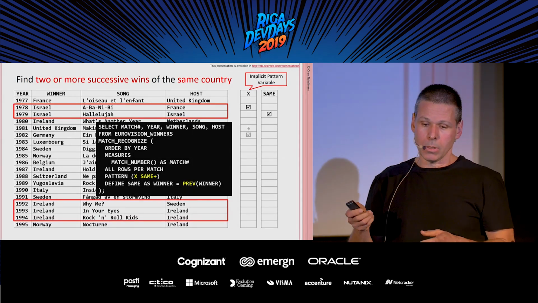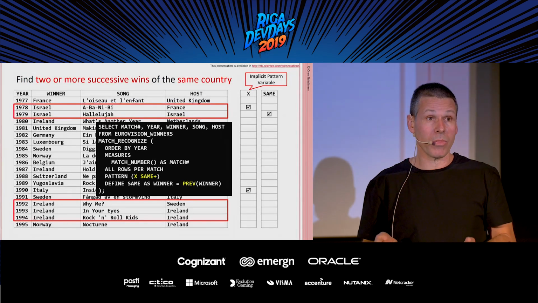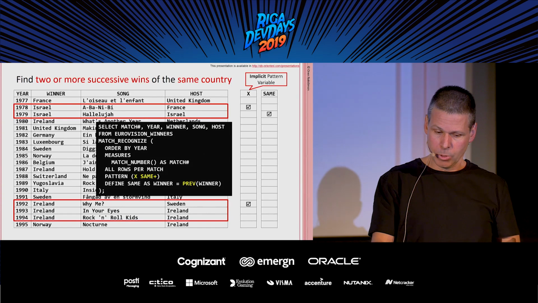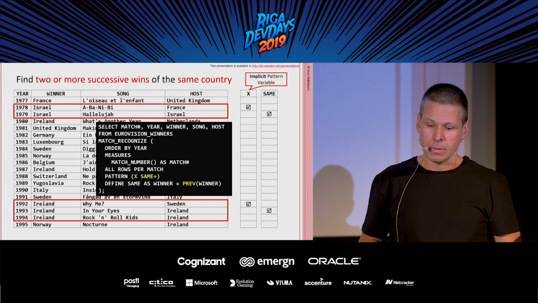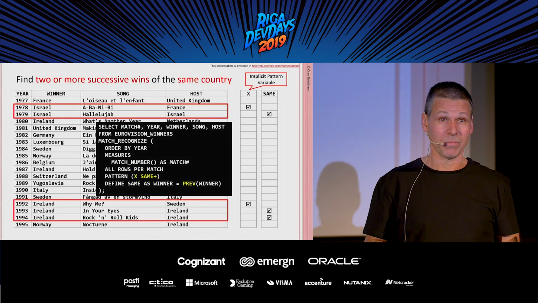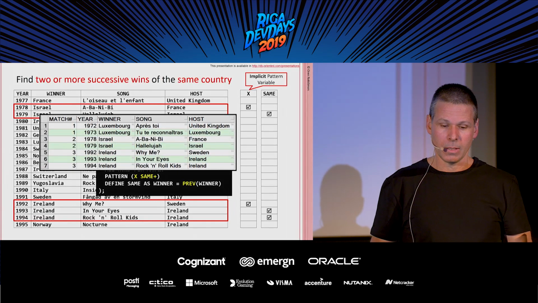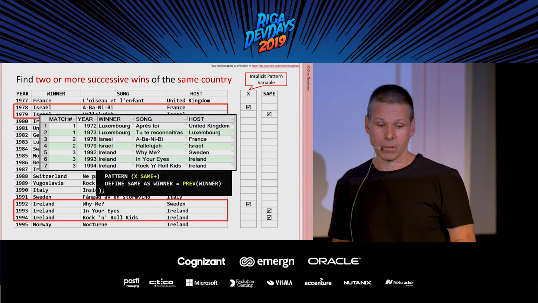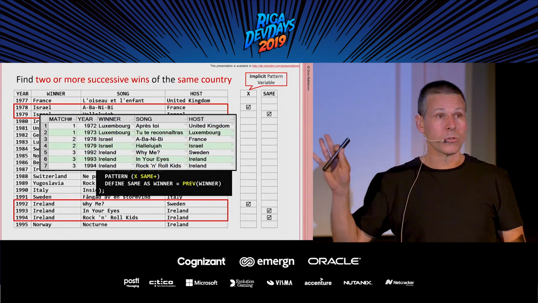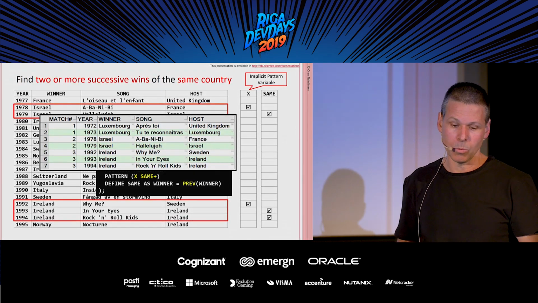So all these records potentially can be an X. They are not, because they are not followed by a SAME record until we reach 1992. It is followed by two SAME records, so it is an X. Okay? Let's execute, and we got the result. So now all of us know that it happened 3 times in the history of the Eurovision that a country won 2 or more times in a row.